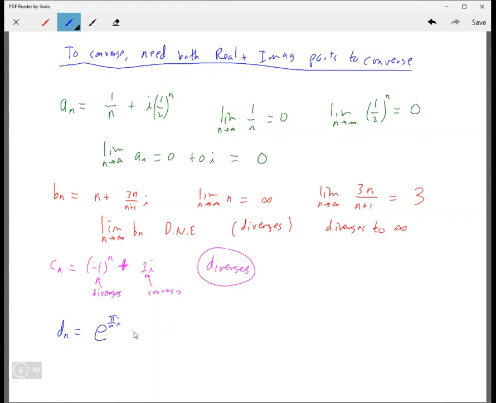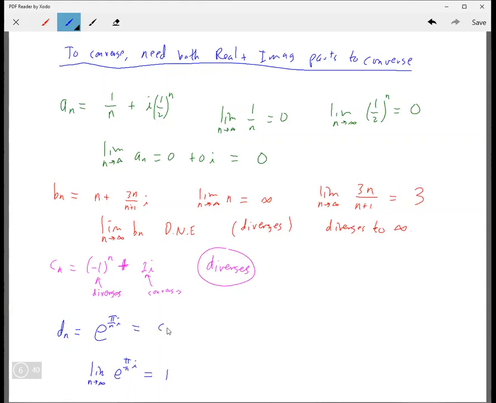Now this one you could say right off the bat, as n goes to infinity, the exponent goes to 0, so the limit as n goes to infinity of e to the pi over n i is going to be 1, because it's e to the 0, which is 1.